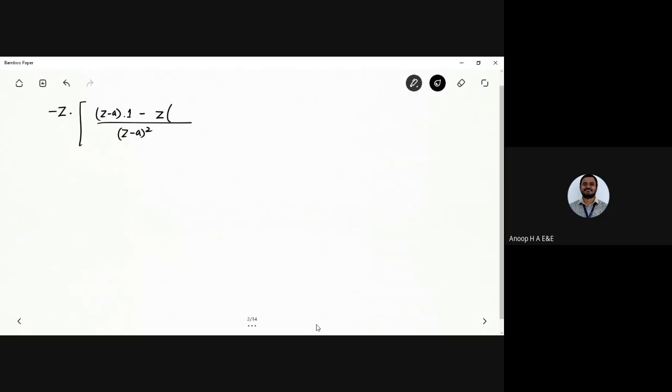So hope you know the basics of differentiation, and this is what we get by differentiating two terms which are there as a fraction, right? So minus z and plus z get cancelled. So at the end, I have az divided by z minus a the whole square. So this is nothing but the z transform of n a power n u of n.